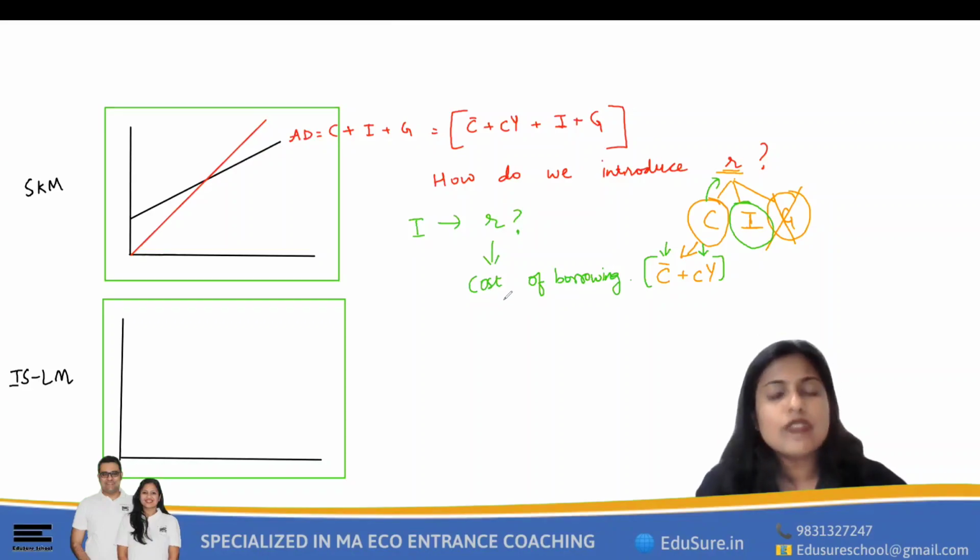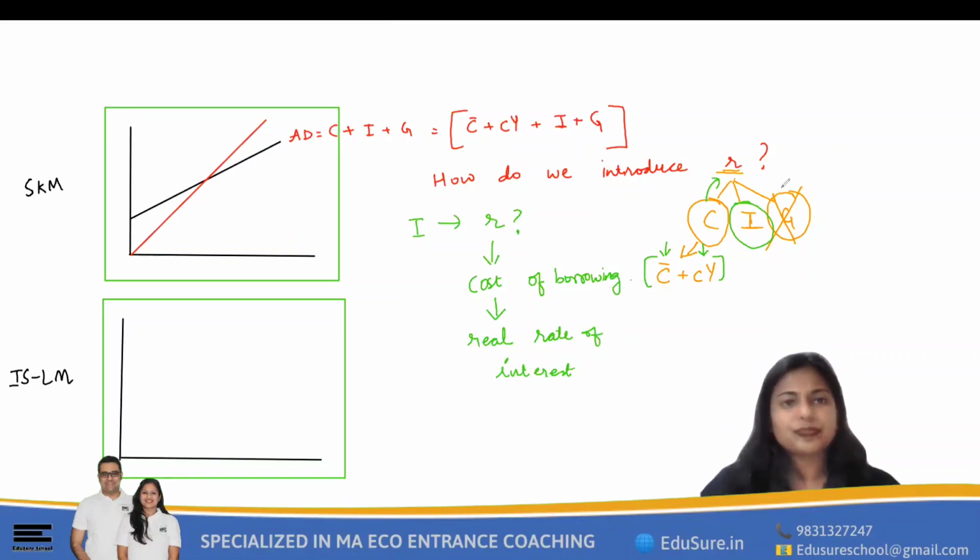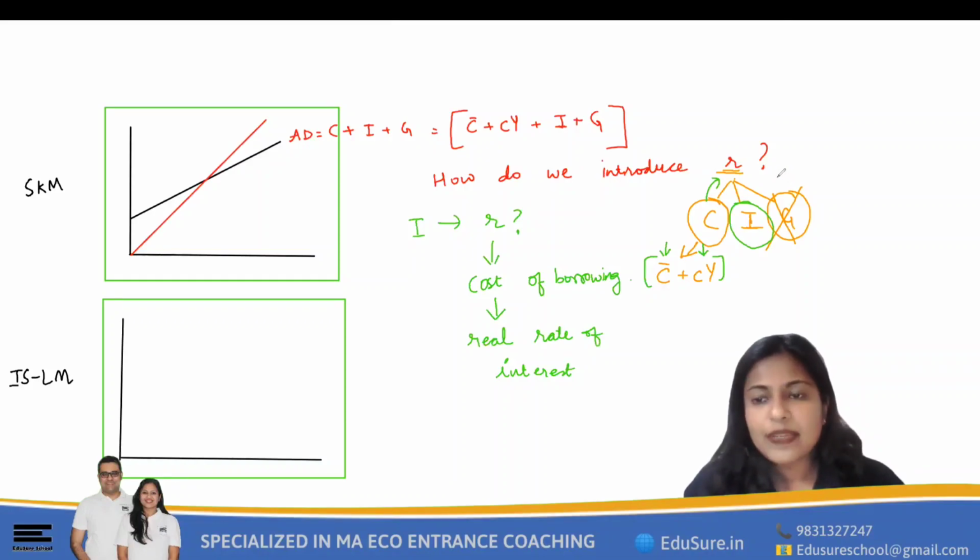Now, at this point, I would also like to mention, since it is the compensation to the person who's saving, interest rate is the payment that you make to the person who's saving. So that is why it's the real rate of interest that investment is a function of. Investment is a function of the real rate of interest.